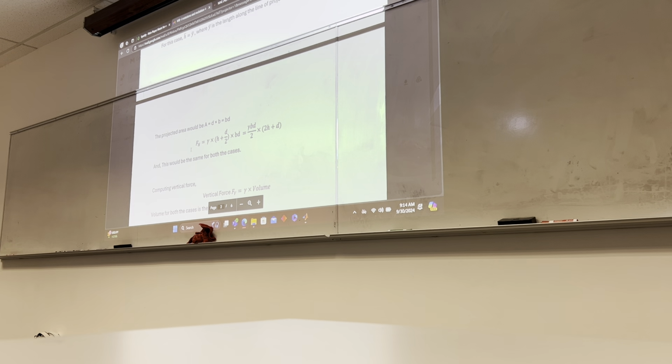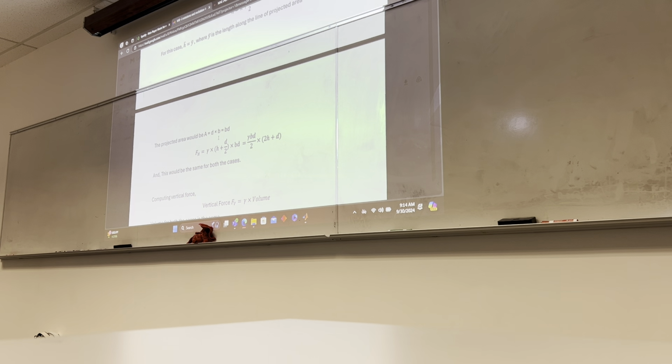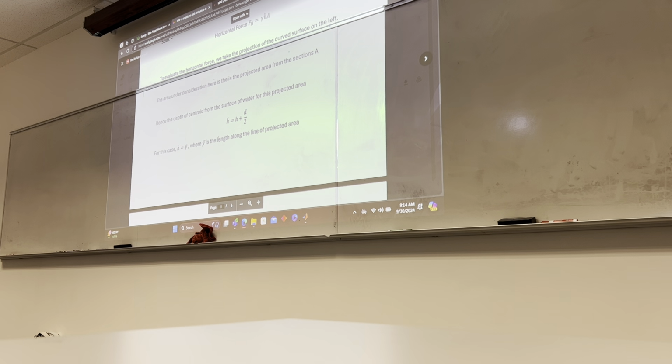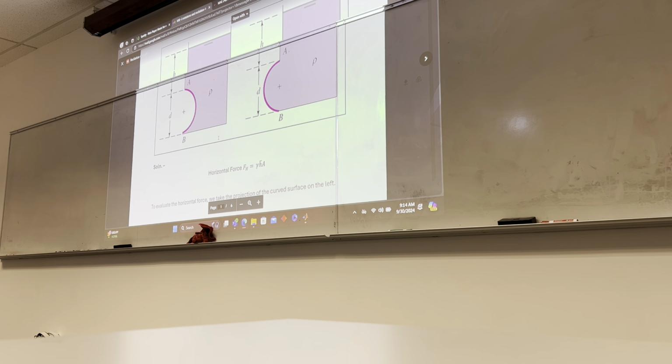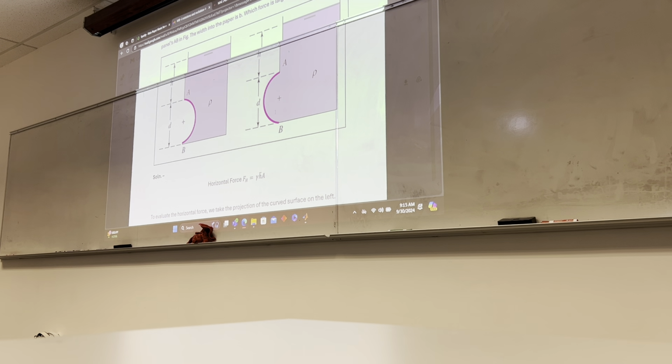And then for the vertical force, we're looking at rho times g times the volume that the hemisphere is taking up. It's kind of a buoyant force looking thing. On this left one, you can see that the hemisphere is etching out a volume from the water, so this one would be pushing upward.